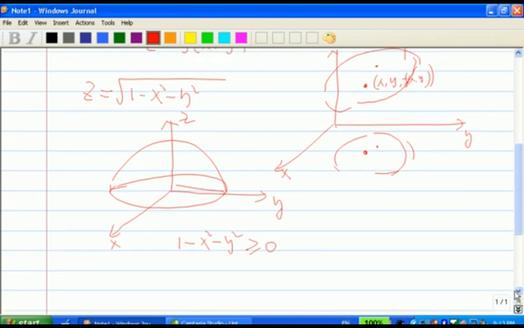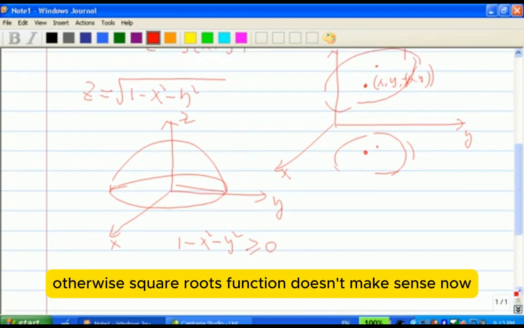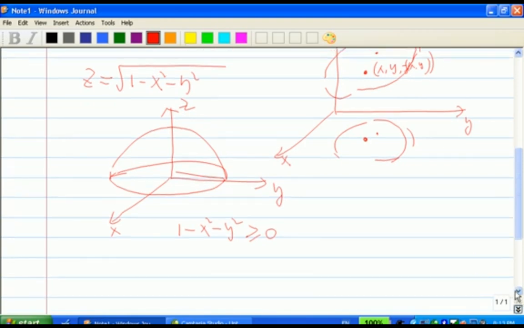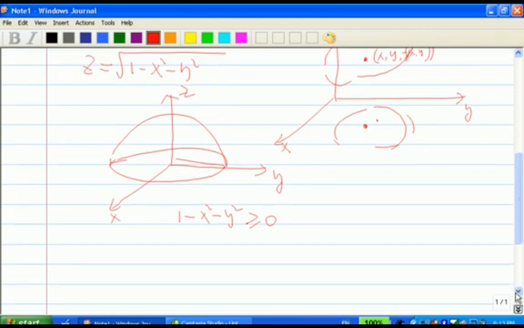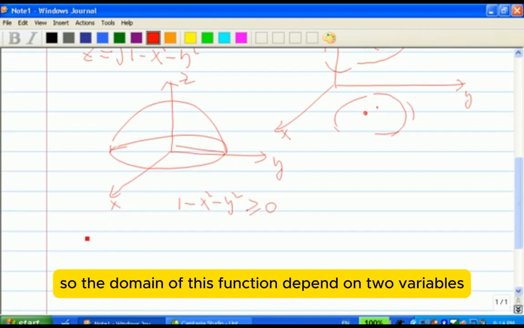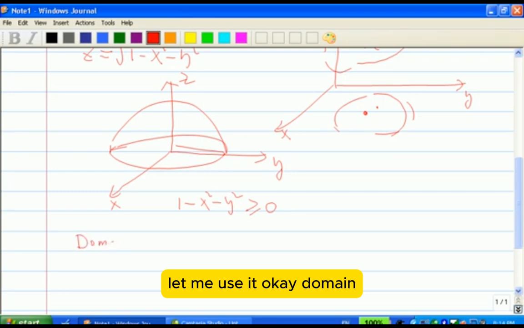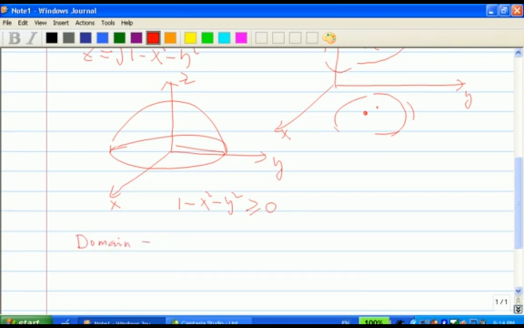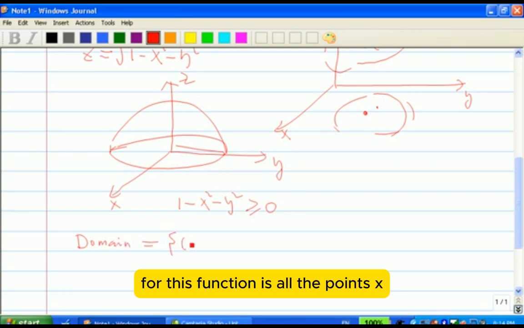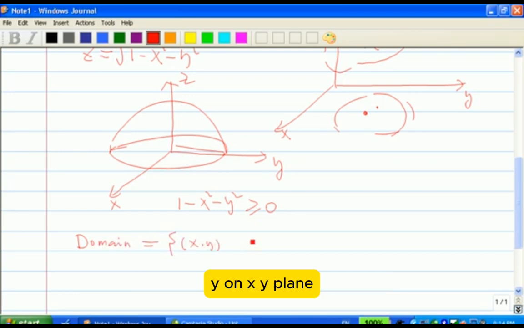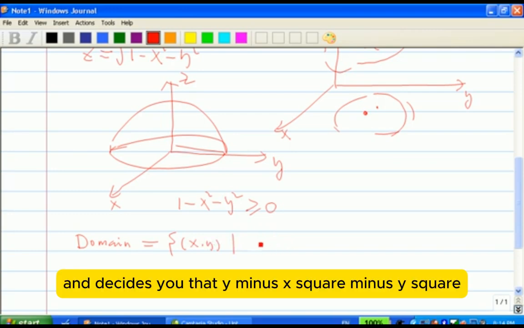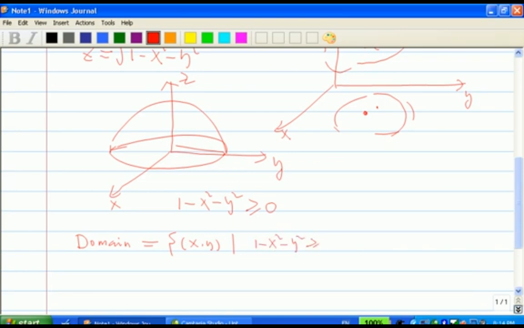Otherwise the square root function doesn't make sense, it's not defined. So the domain of this function that depends on two variables is all the points (x, y) on the xy plane such that 1 minus x squared minus y squared is bigger than or equal to 0.